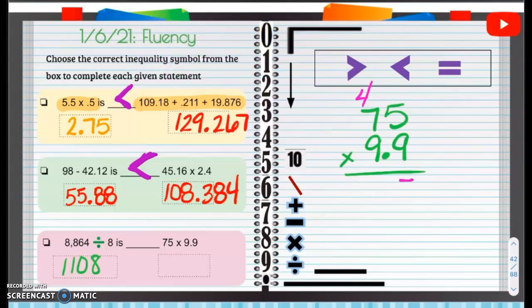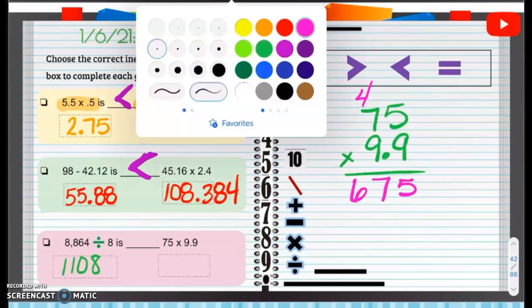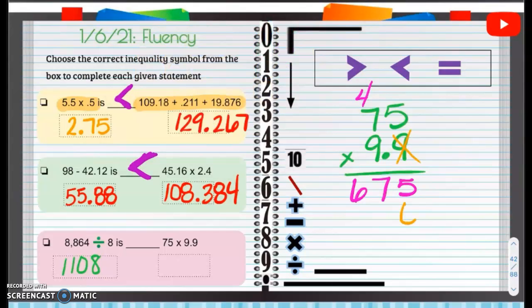Carry that 4, drop that 5. 9 times 7 is going to be 63 plus 4, 64, 65, 66, 67. We're done with that 9, so we're going to put that placeholder of 0. We're also done with this remainder. 9 times 5, again, is 45. 9 times 7, again, is 63, plus 4 is going to be 67.